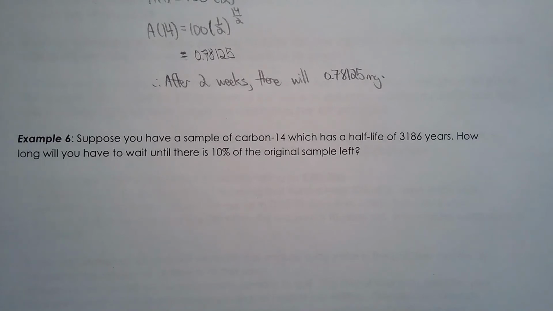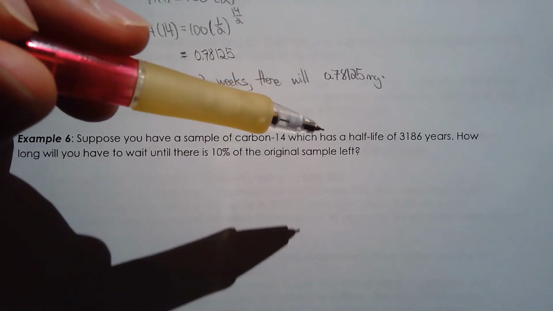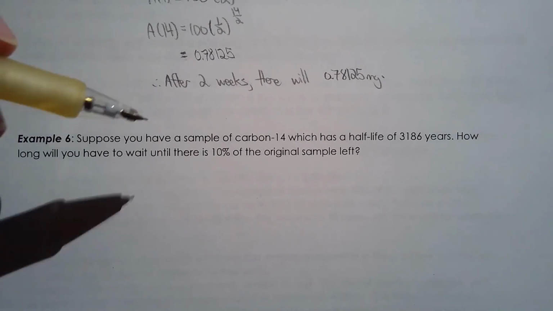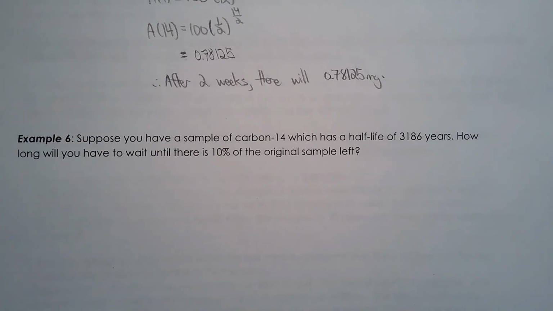I'm tempted to Google that, but let's just say that's correct, because this is a very important number, because it helps you carbon date fossils, for example. You can tell how old a fossil is by determining how much carbon-14 is left. Anyways, how long will you have to wait until there's 10% of the original sample left?